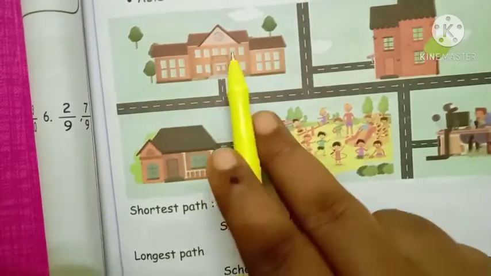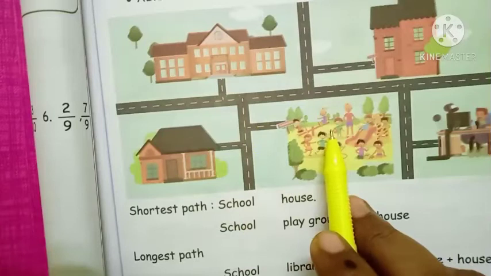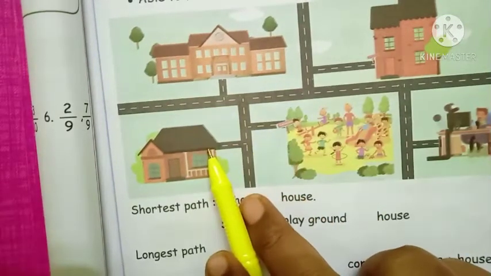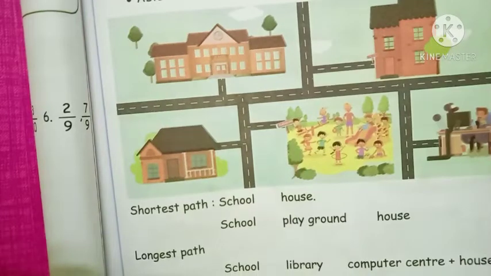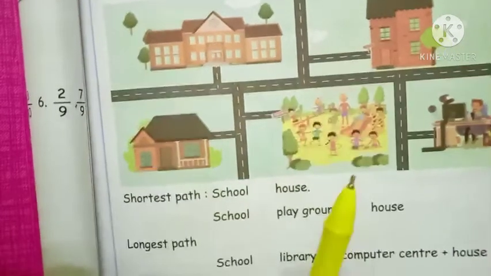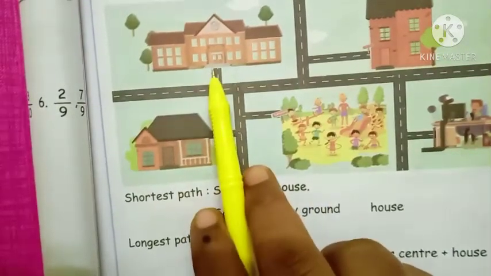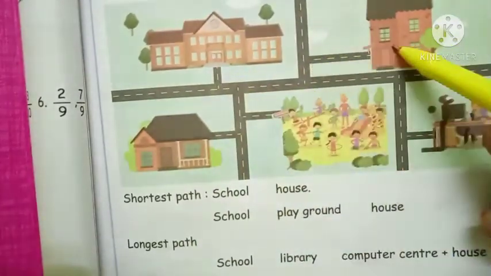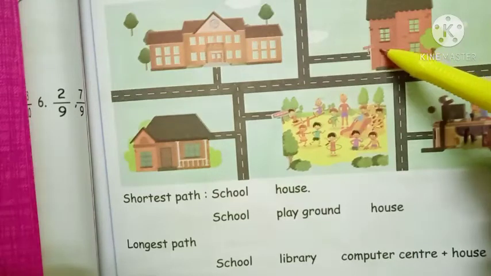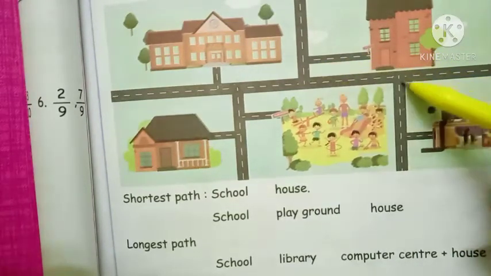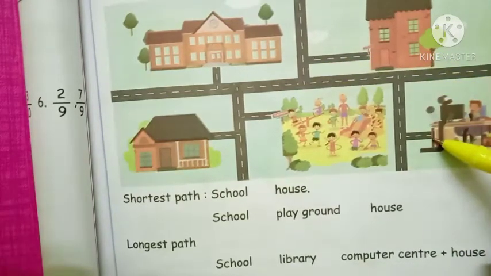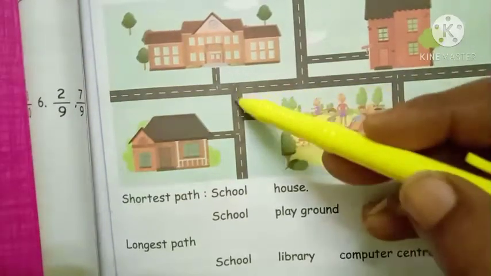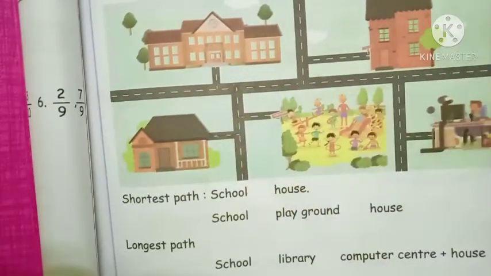Otherwise, you go from school to the park, playground, then move to the house, which is the longest path. The next one, the longest path is given here: from school you go to the library, after the library you go to the computer center, then again you go to your house. So that is the longest path.